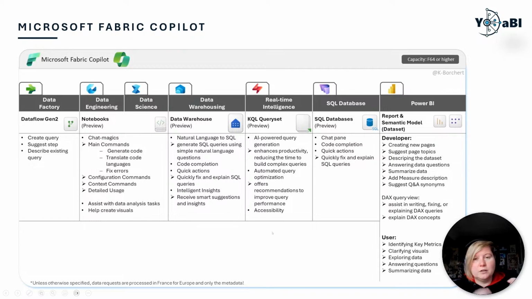And then there are different areas in Fabric. I have a session upcoming in 2 weeks, where I will show you all the steps with Copilot. So what can Copilot do in these different areas? For example, in the data factory, we will change data types, or we will see what suggested steps we can get.